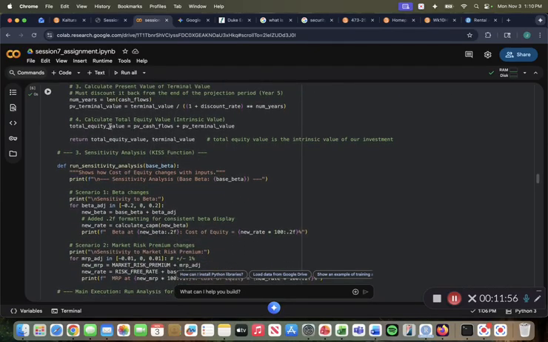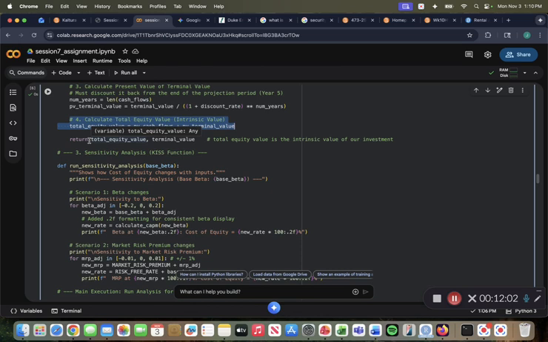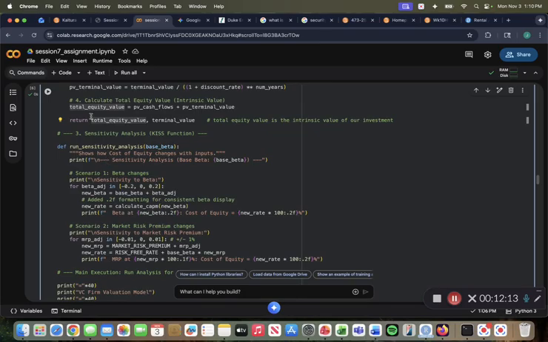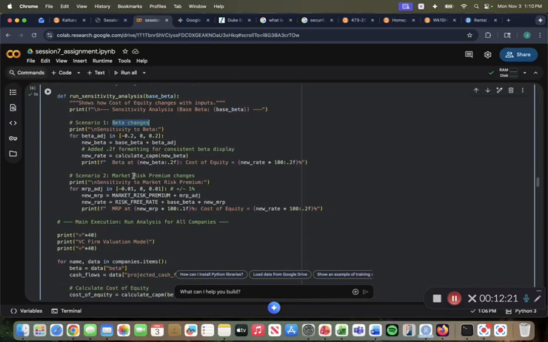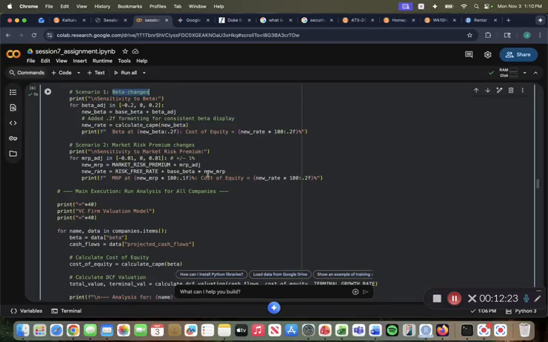Going down here, this fourth part here, the intrinsic value calculation again, and then that'll come out in our total equity value. So just so we have that clear, the total equity value will be our intrinsic value of our investment. And then this third section down here calculates the sensitivity analysis for beta changes in this function here, and a change in the market risk premium away from our 6% that we calculated.